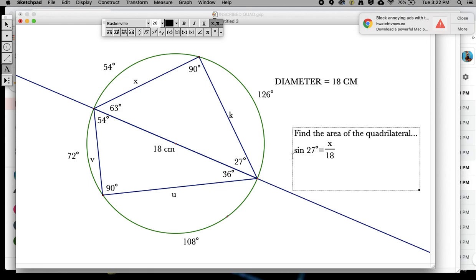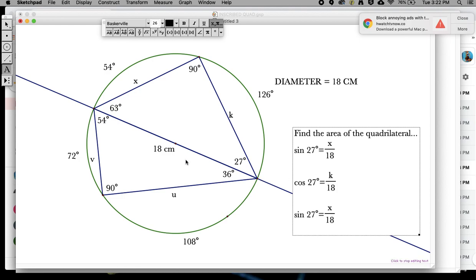Then, watch what I'm going to do because I'm so lazy. I'm going to copy and paste. But I'm going to rewrite this as the cosine of 27 is equal to K over 18. And then moving along, why is this being so temperamental? Like a teenager. Hit Control V again.